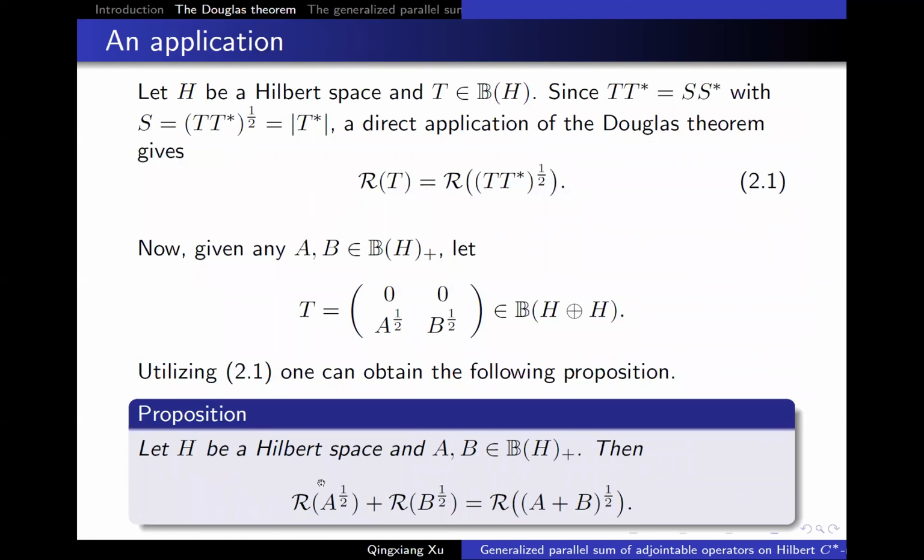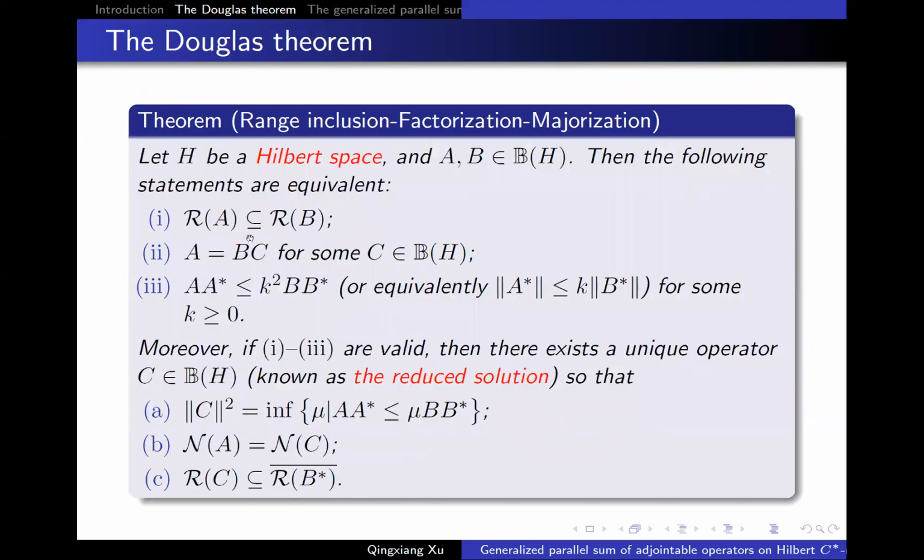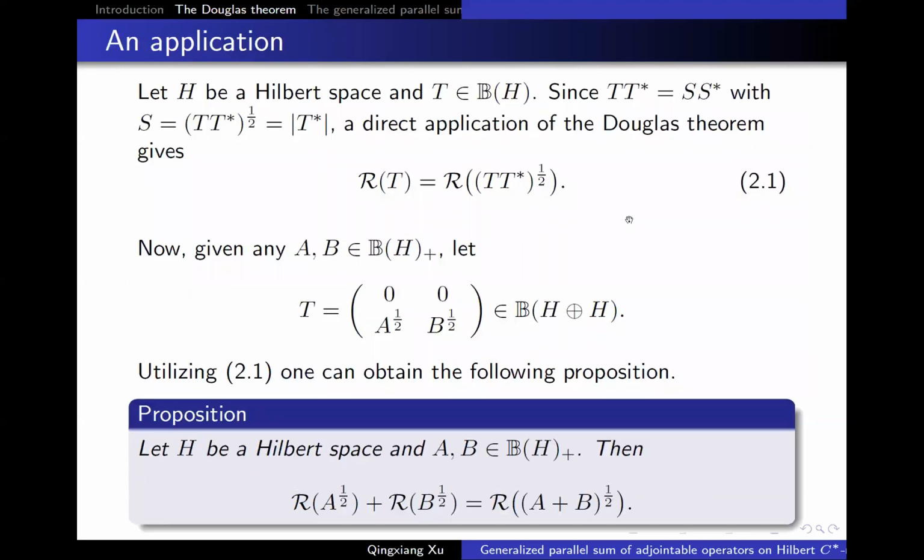Now let's look at the application of the Douglas theorem. Suppose H is a Hilbert space and T is a bounded linear operator. If we input this operator, then it's obvious that T star equals S star. So based on the Douglas theorem, the equivalence between the two conditions, we can get an equation of two ranges.